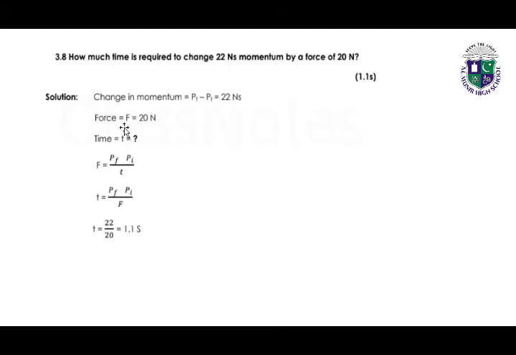Also the force is given, that is 20 Newton. We have to find the time t. So here we have the formula. Force is equal to change in momentum over time. Please rearrange this formula for the time. By putting the values, we will get the answer, 1.1 seconds.